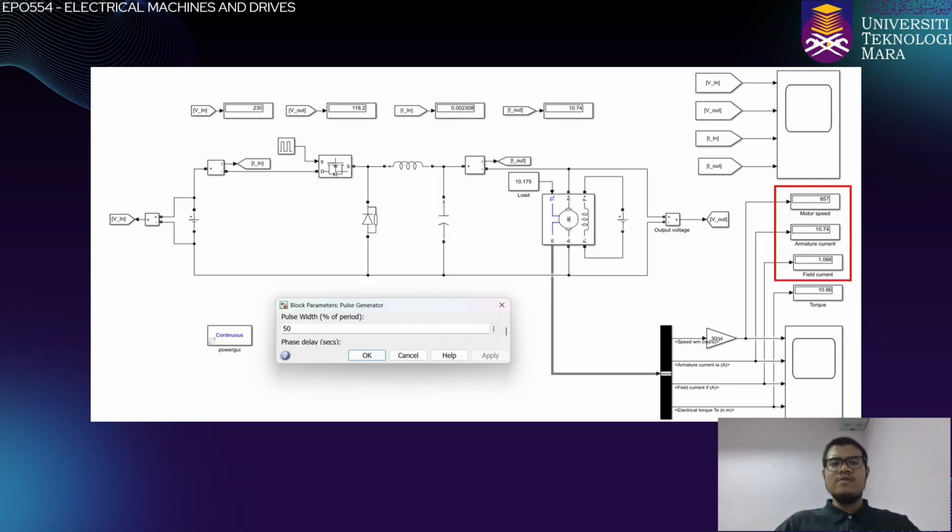These minor deviations can be attributed to modeling assumptions and practical simulation effects. The field current, however, remained constant at 1.066 ampere across the board in both scenarios, indicating that part of the model behaves identically.